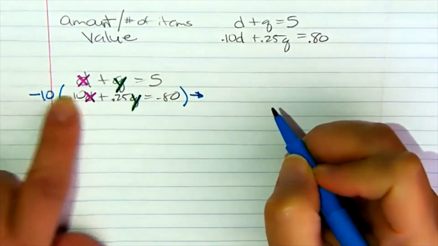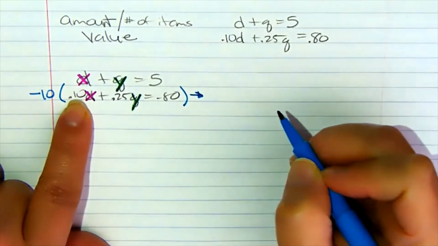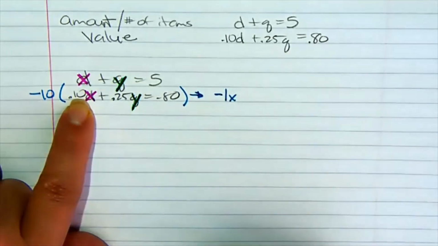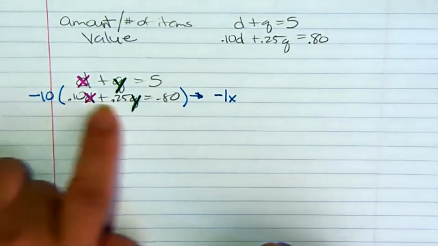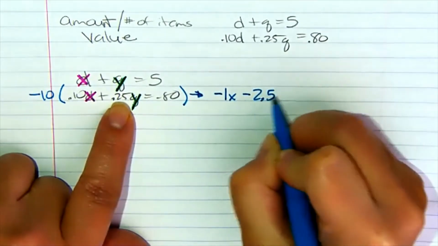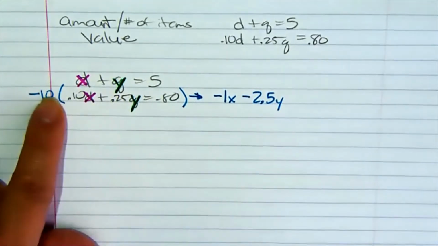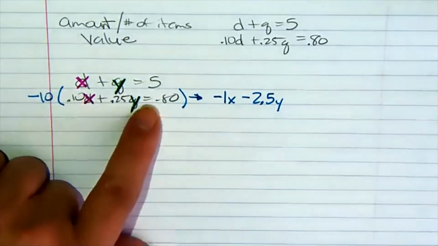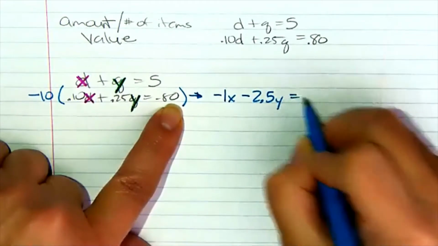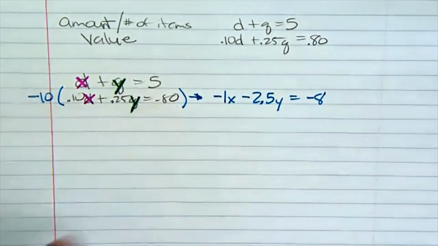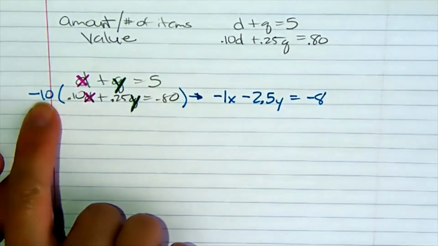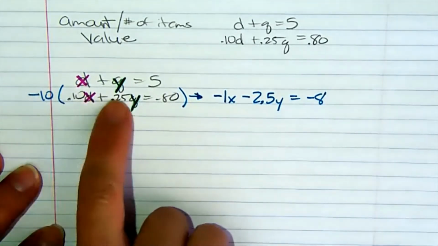So negative 10 times 0.10x is going to be negative 1x. Negative 10 times 0.25y is going to be negative 2.5y. And negative 10 times positive 0.80 is going to be negative 8. So when I'm dealing with decimals, if I multiply by 10, my decimal point moves to the right one.